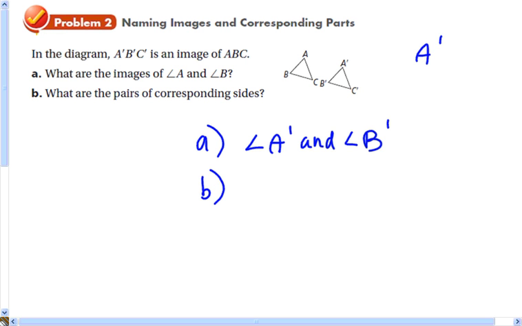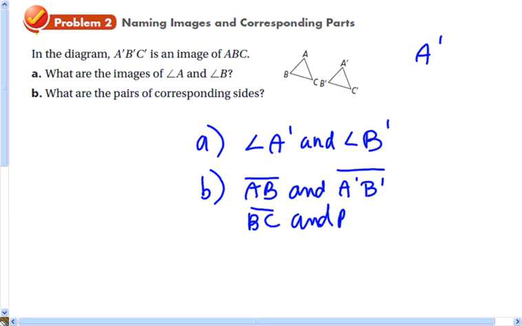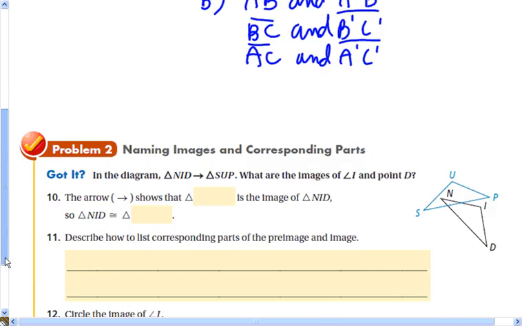So the pairs of corresponding sides would be segment AB and segment A prime B prime, segment BC and segment B prime C prime, segment AC and segment A prime C prime. All right, go ahead, you try it.